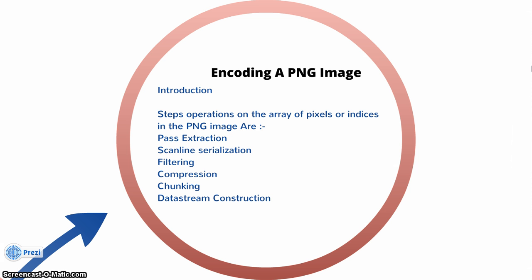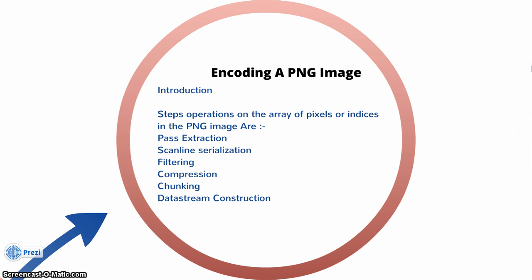The palette and the alpha table are not encoded in this way. The steps of operation on the array of pixels in the PNG image are described in the following 6 operations. I will describe each of the operations after naming it. The 6 operations are pass extraction, scanline serialization, filtering, compression, chunking, and data stream construction.